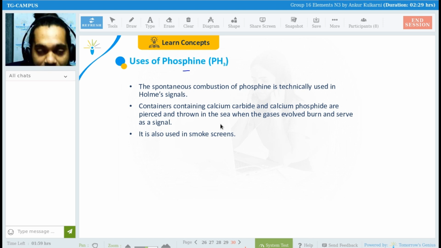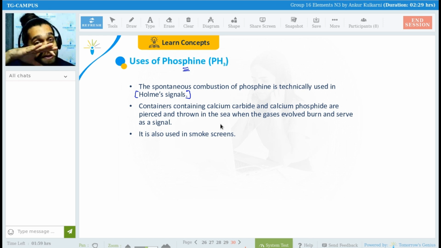So why we are talking about Titanic is not because of Jack and Rose. Whenever you go by ship, in case of an emergency, they use something to signal people, so that if someone is very far away, you can see it. This phosphine is used in that. It is the Holmes signal.